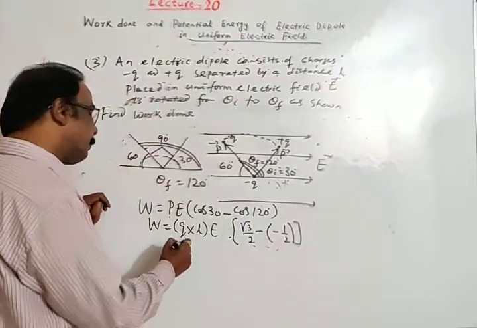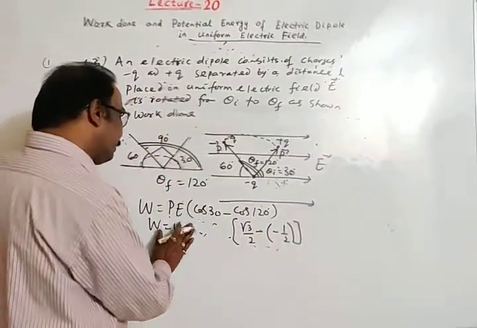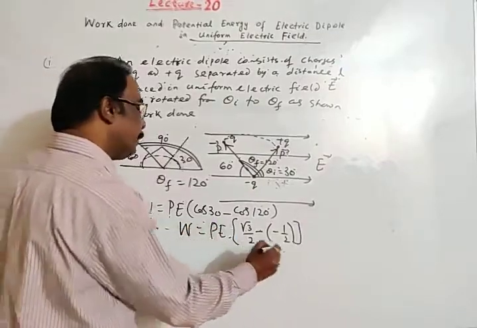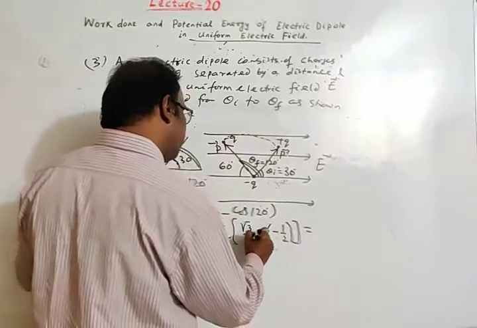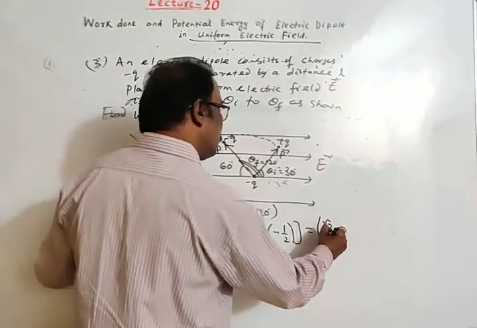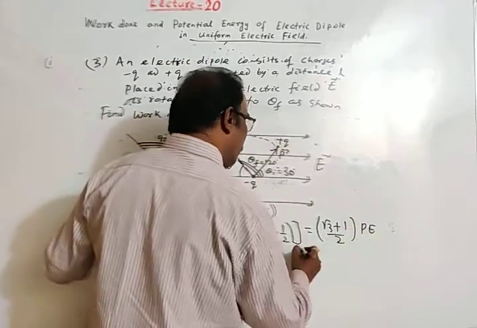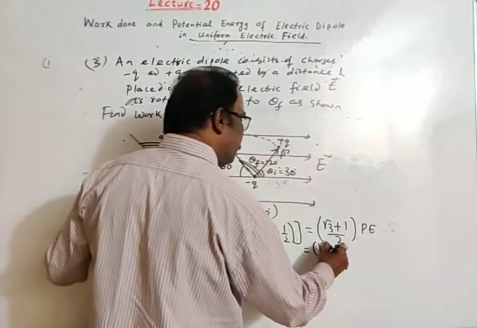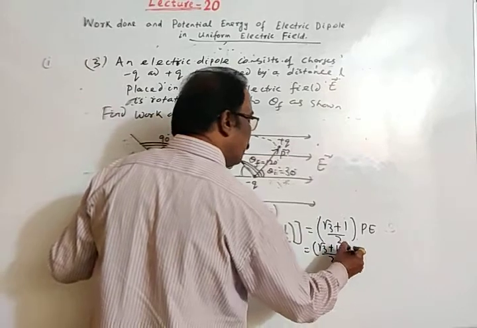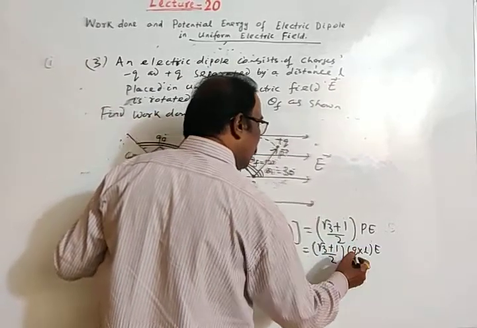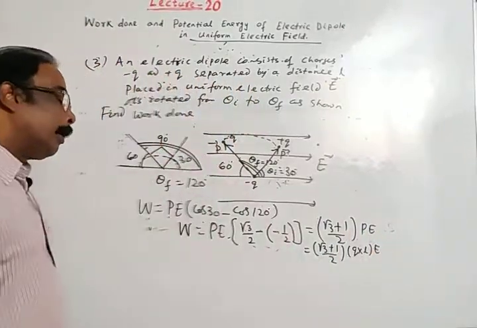Then your answer will be, in this case also again P, root 3 plus 1 by 2 into P. P is Q into L into E, or you may write Q E L.